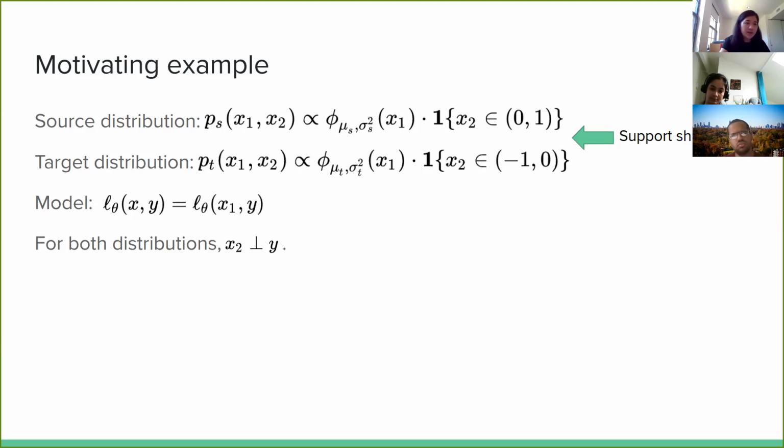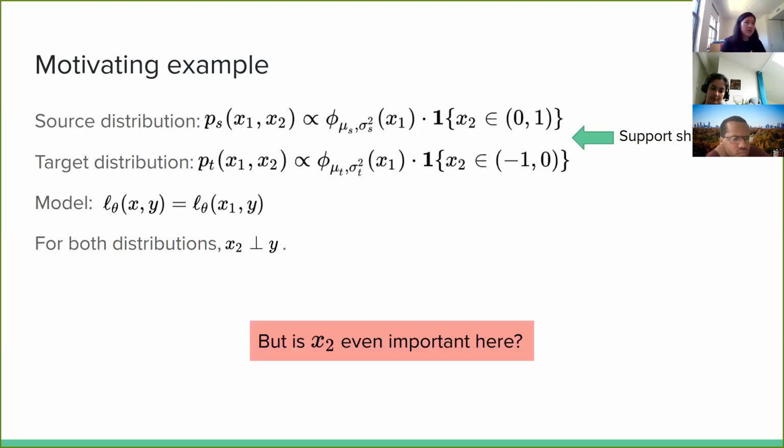But the interesting thing is that, based on the model and the relationship of x2 to y, x2 isn't even important in this model evaluation. The idea to take away from this example is that maybe we don't need to reweigh on all the features. Maybe we only need to keep what are known as important features. We'll try to define what important is later, but this is just our motivating example.